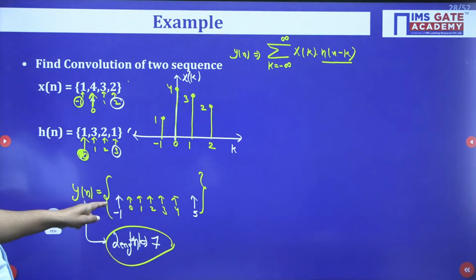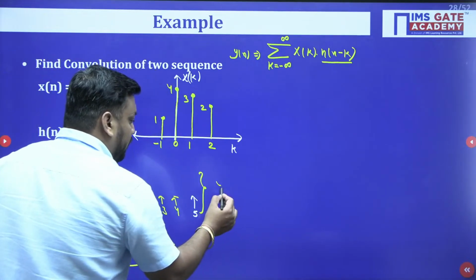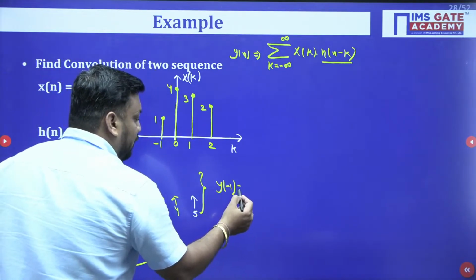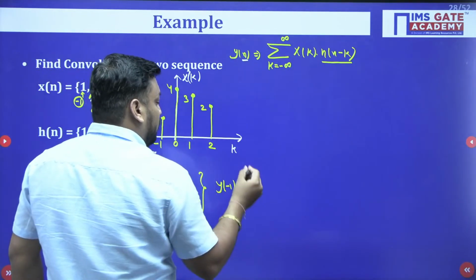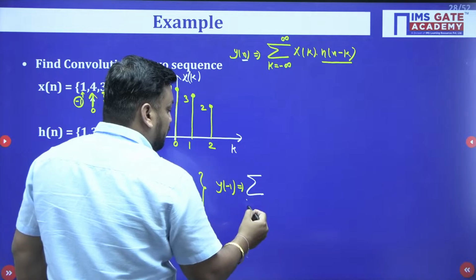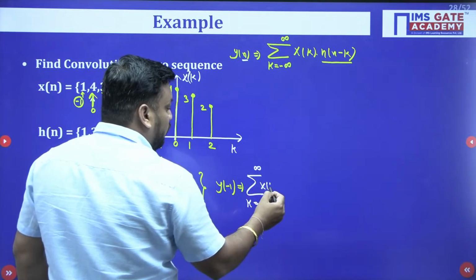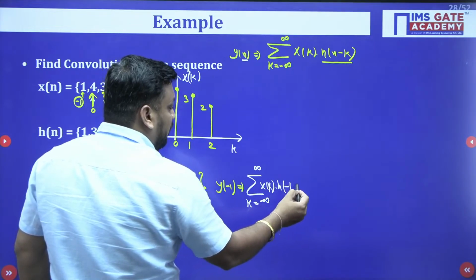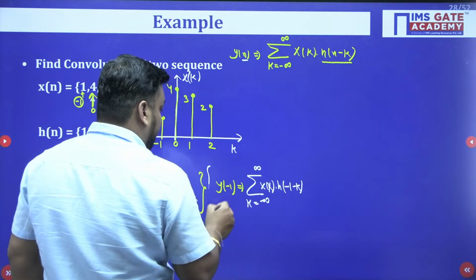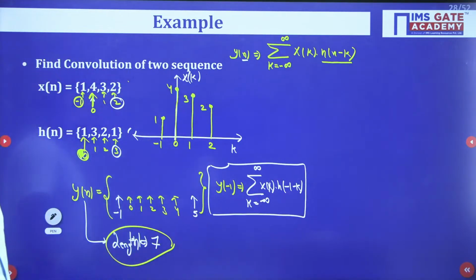So the first number I am looking for is y[minus 1]. This is my y[n] formula, so I put n equal to minus 1. The formula becomes the sum over k from minus infinity to infinity of x[k] times h[minus 1 minus k].